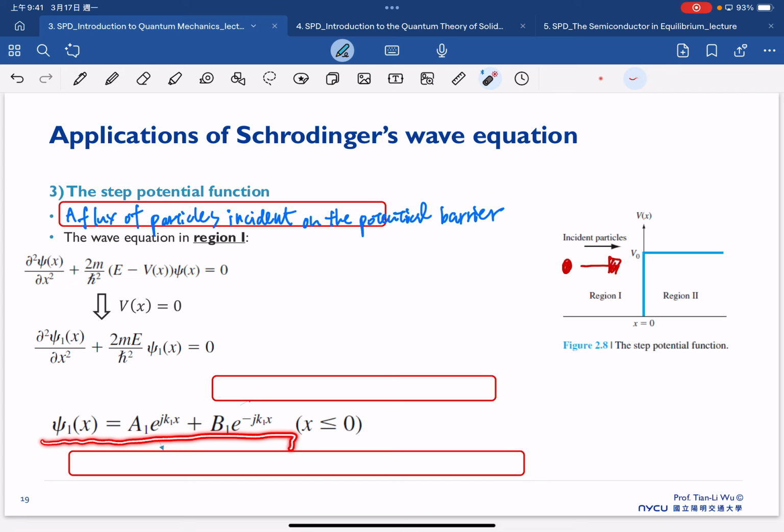The wave function phi 1(x) in region 1 is equal to a1 exponential jk1x plus b1 exponential minus jk1x. So what does this equation mean? It means that we have traveling waves that travel in two different directions. The A term means that we have a traveling wave in the positive x direction.